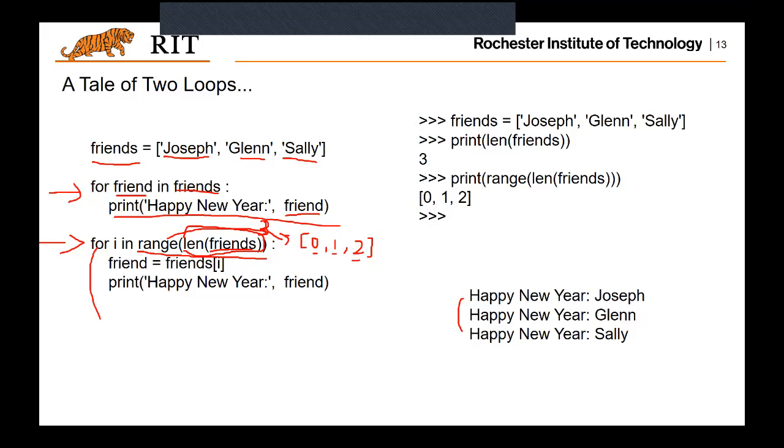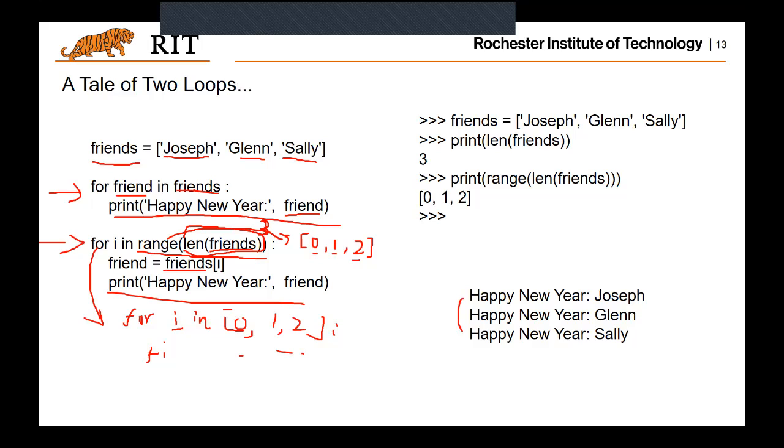If we interpret this line, it's just like for i in 0, 1, 2, and friends. Every time, i will be one of these elements, and you can have the current number of i and take one element from the friends and print it out.